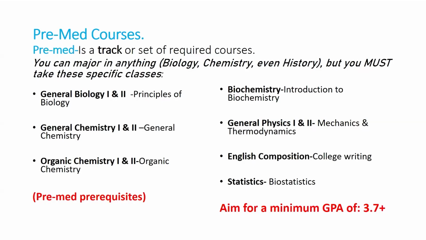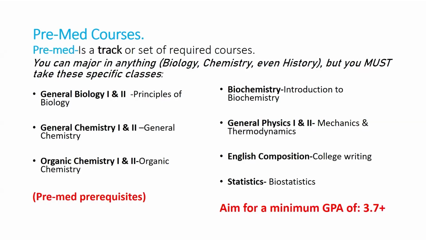The courses on the screen right now are the pre-med courses. These are the courses that are mandatory for you to take before applying to join a medical school. They are biology, or general biology. Here in the United States, biology is divided into two: biology 1 and biology 2.